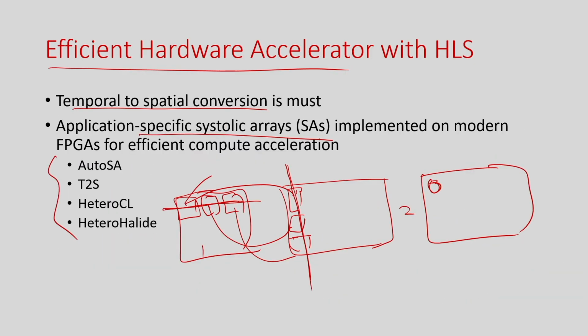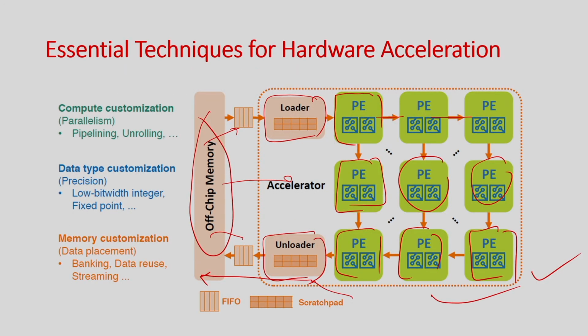That is one approach, and these 3 tools are basically in that domain. AutoSA tries to automate this, so it does not ask you to rewrite your application in a specific language like Halide. What it does is you take your C code, it does some kind of analysis, and it generates this kind of systolic architecture. Okay, let me go through them one by one.